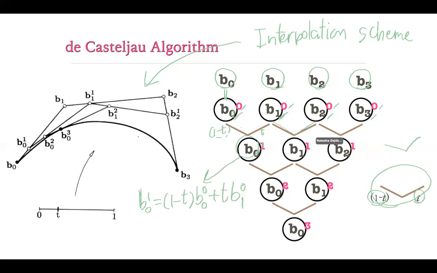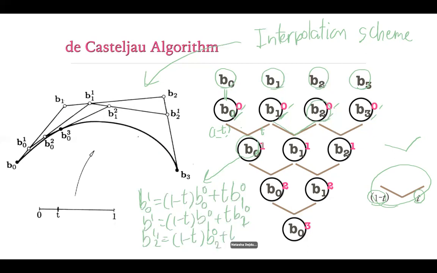Similarly, B1,1 will be 1 minus t B0,1 plus t B0,2, and B1,2 is equal to 1 minus t B0,2 plus t B0,3.